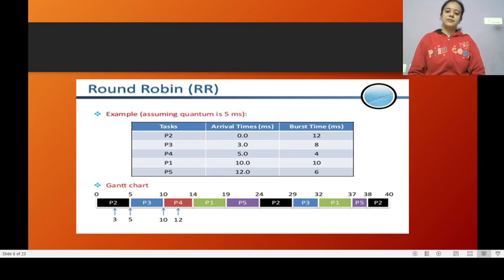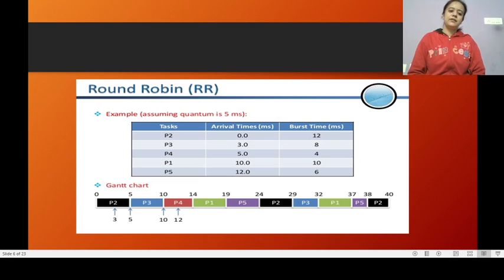Their CPU or execution times are: P2 12 milliseconds, P3 8, P4 4, P1 10 and P5 6. For each process we are giving the quantum time, or CPU time, as 5 milliseconds. Once the process finishes within 5 milliseconds, it will be preempted and another process is given a chance.